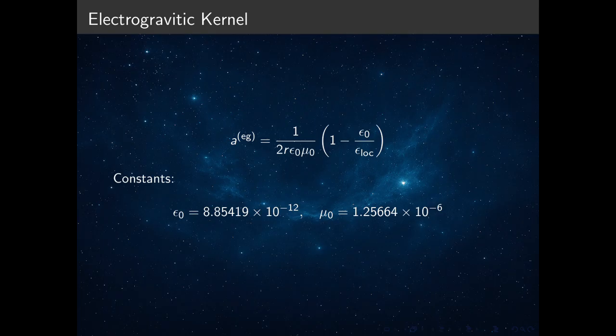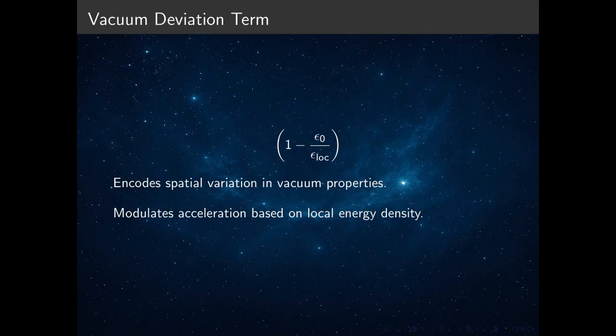Epsilon naught equals 8.85419 times 10 to the minus 12, mu naught equals 1.25664 times 10 to the minus 6, and local permittivity epsilon local equals 8.85418788207 times 10 to the minus 12. The deviation term evaluates as 1 minus epsilon naught over epsilon local equals 1 minus 8.85419 times 10 to the minus 12 over 8.85418788207 times 10 to the minus 12.